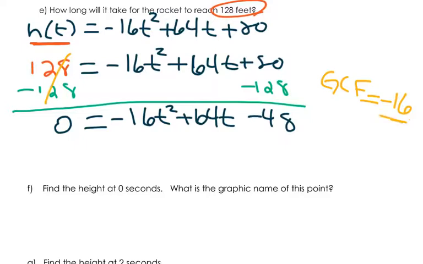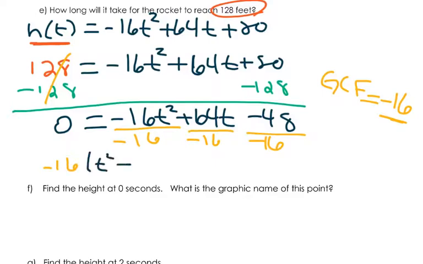The reason why I'm taking out the negative is that when we are solving, we really don't want to work with a negative t squared. So I'm going to pull that out. Okay, and then we are left with t squared minus 4t plus 3.